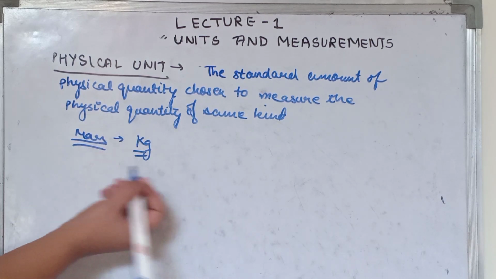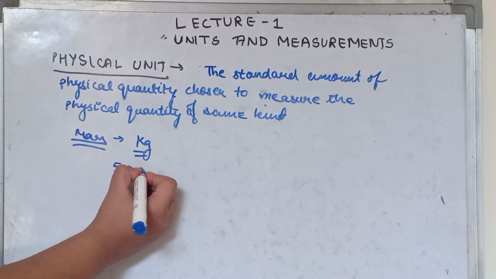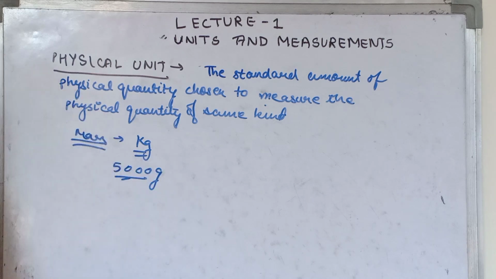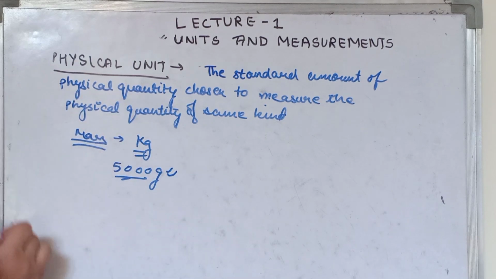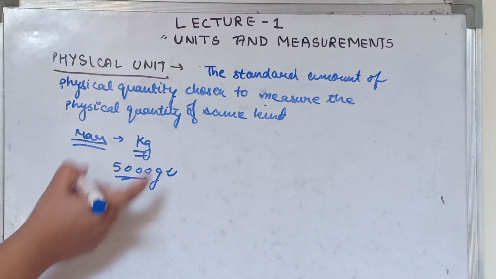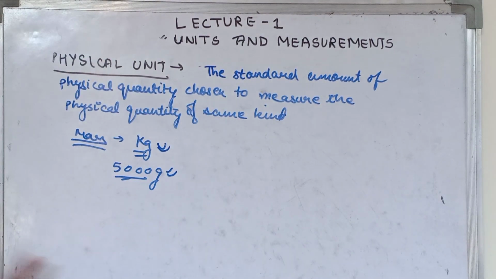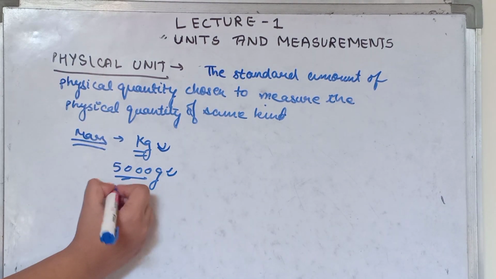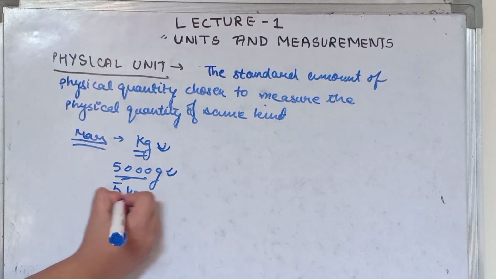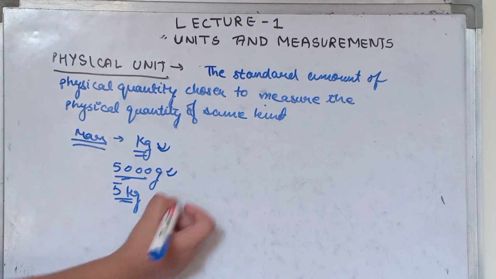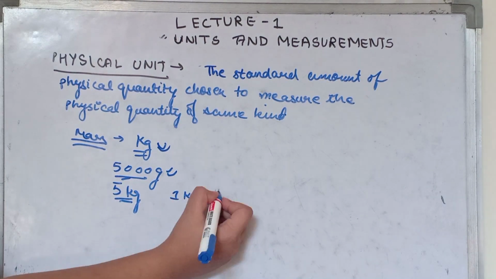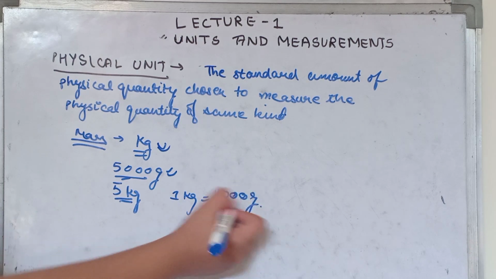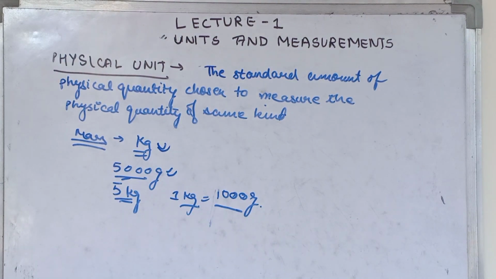For example, if we have any quantity, say it is 5000 grams, then if we are doing lab measurements, we will not mention our answer in grams. If we are talking about the system in which kg is the standard, then we have to write the mass of that quantity as 5 kg, because 1 kg is equal to 1000 grams. Fine.